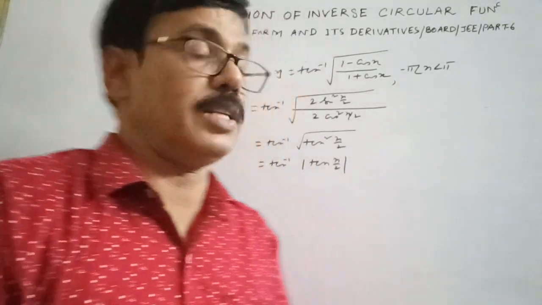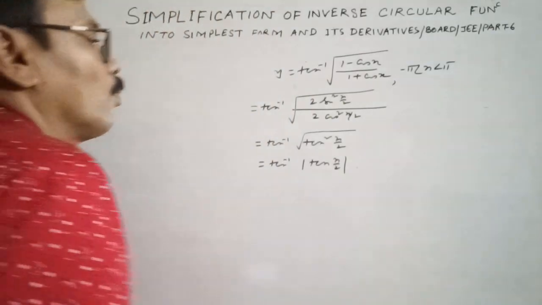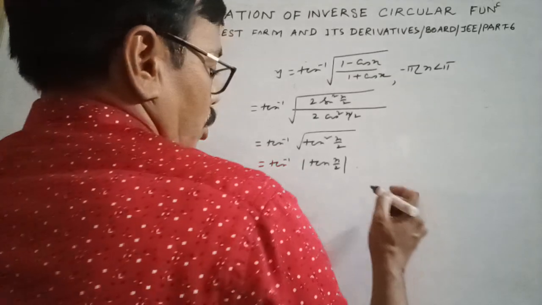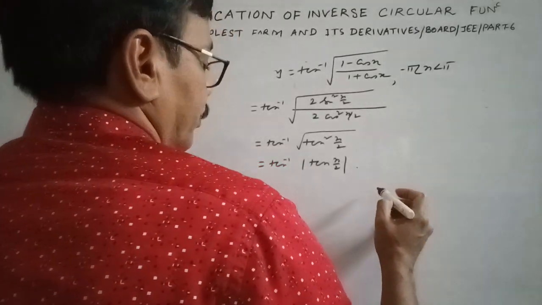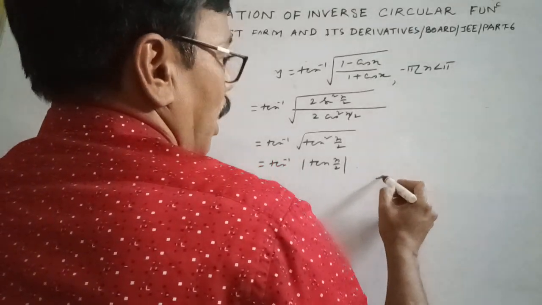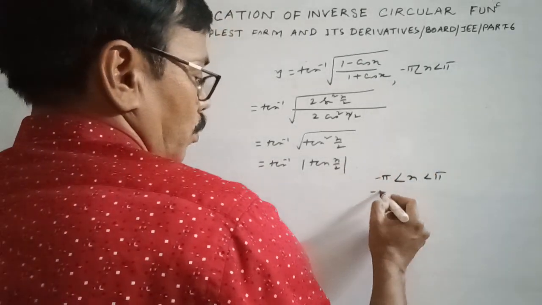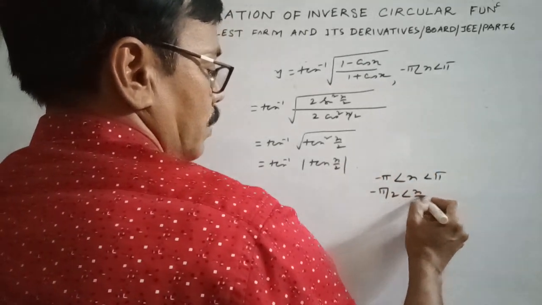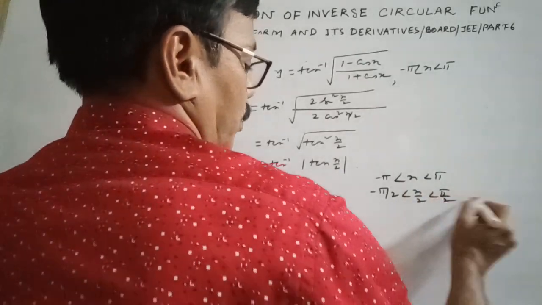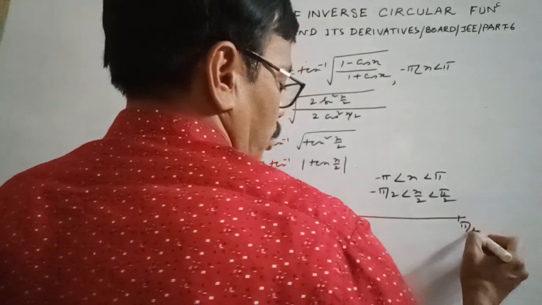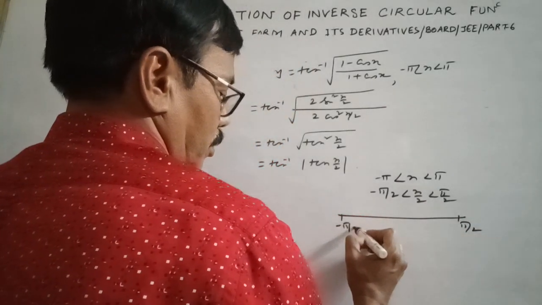But here restriction is given, minus pi to plus pi. So look, minus pi less than x less than pi. Argument is x by 2, minus pi by 2 less than x by 2 less than pi by 2. So interval is pi by 2 then minus pi by 2.